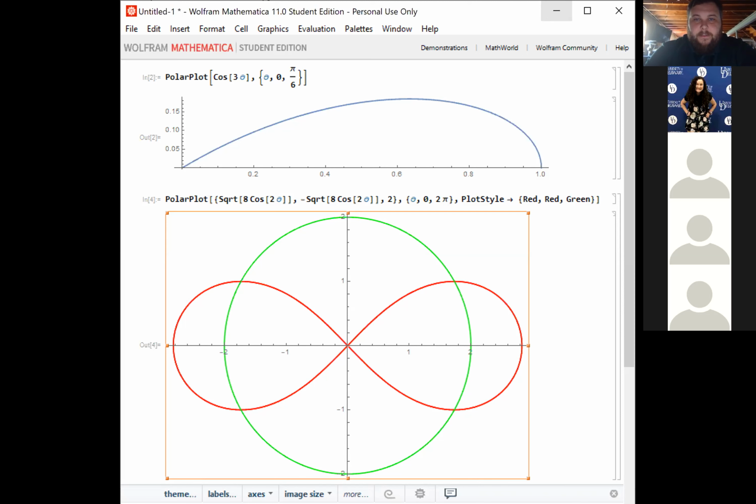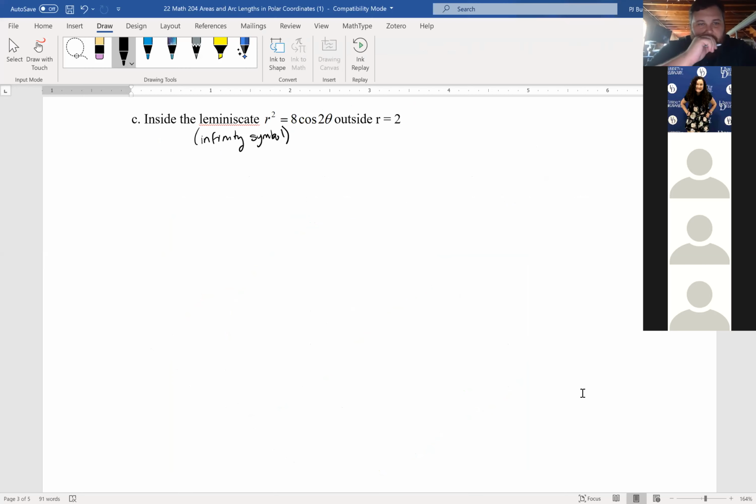So let's stop sharing this and go back to this. All right, so we want to know, when are these two functions equal, right? Because they have to cross. And then we want to prove that those are the 2 points that we see on the graph. One of these is already r squared, and I don't like dealing with square roots. I'd have to square both sides anyway, so I'm just going to start with that and square the other one and set them equal.